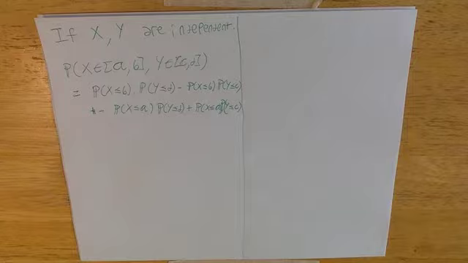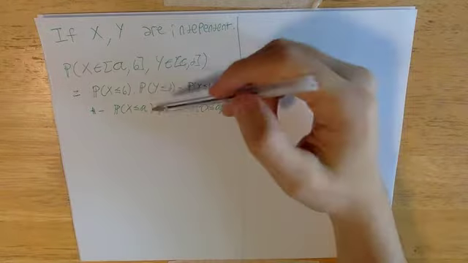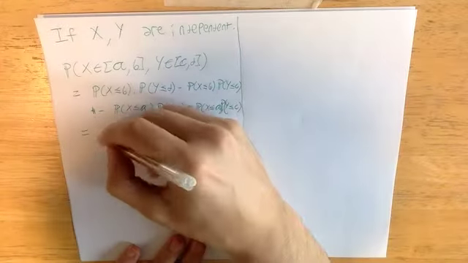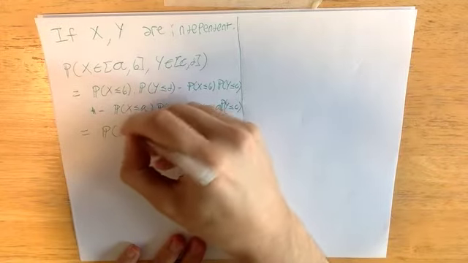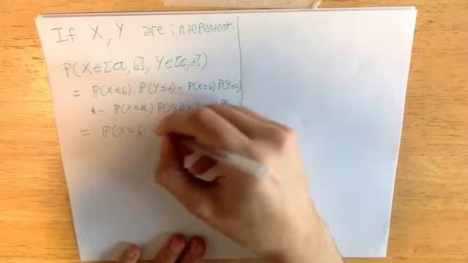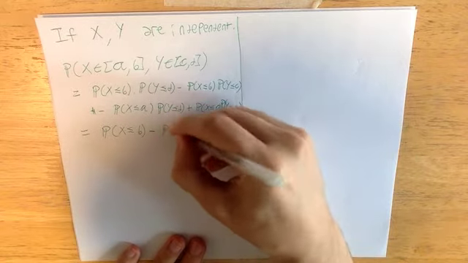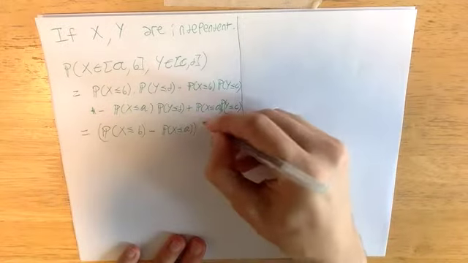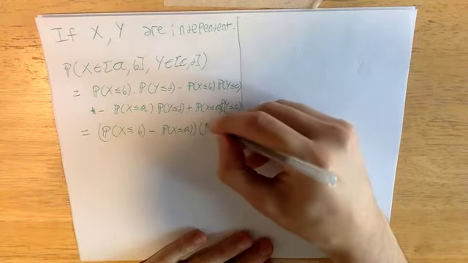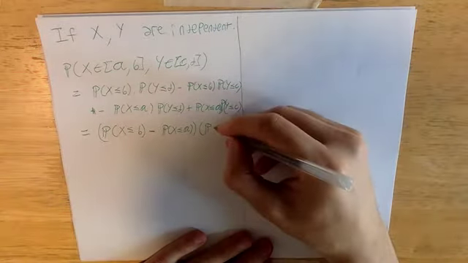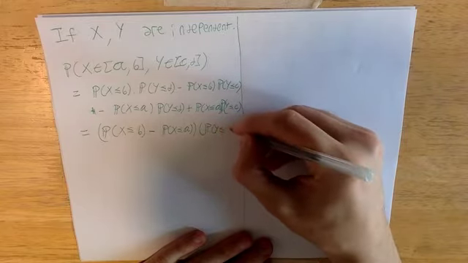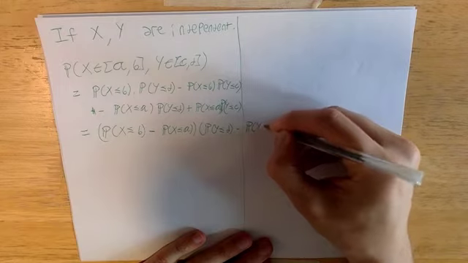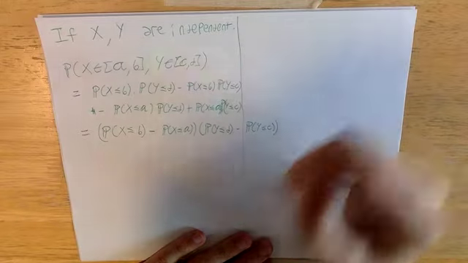Okay, but now if you realize, this is a perfect multiplication of these numbers. This is just equal to the probability that X is less or equal than b minus the probability that X is less or equal than a, times the probability that Y is less or equal than d minus the probability that Y is less or equal than c.